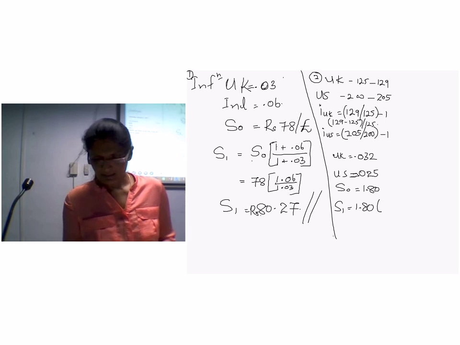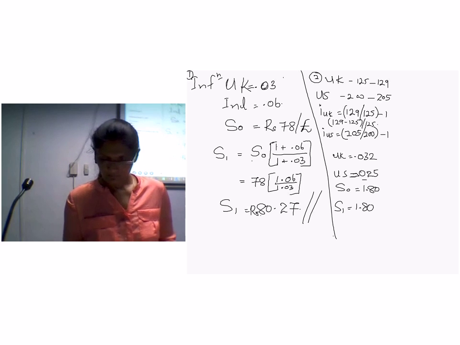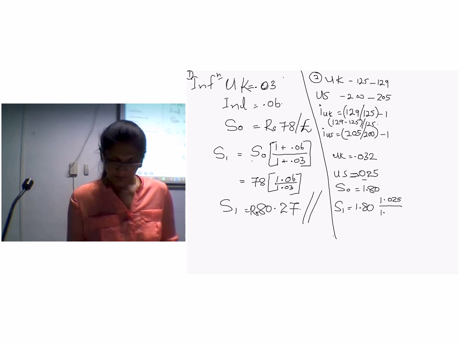1 plus the US inflation, 1.025, times 1.025 divided by 1.032.